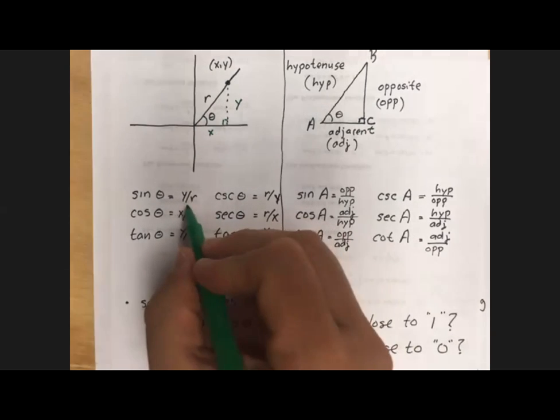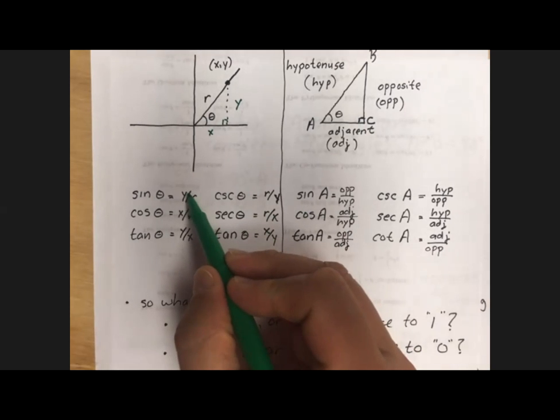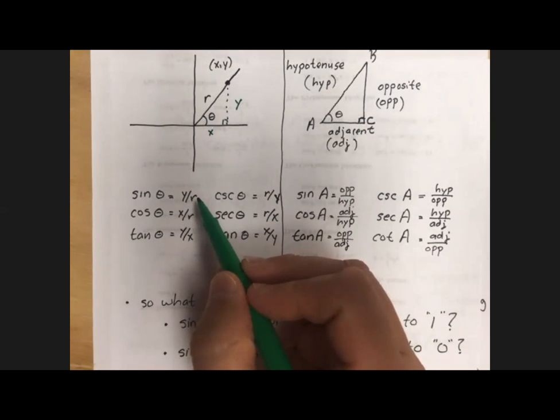I'll see if I can get this all on one screen. Kind of, yes, good. So what would it mean if the sine of theta was really close to 1? In either picture, let's say the sine of theta is very close to 1, like 0.95. If the ratio of y to r is close to 1, what does it mean? y and r are about the same length, or nearly the same length.